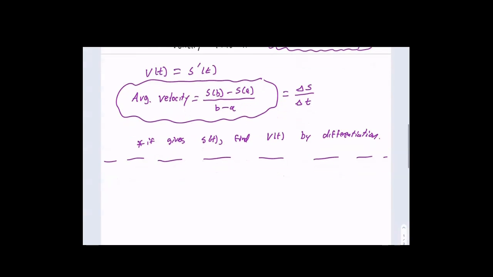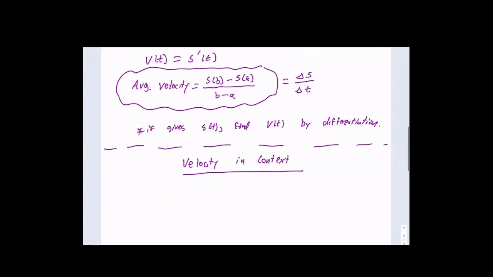Velocity in context. So you're going to be asked, mostly in tomorrow's, to explain in context, what does this mean? This is a very common AP exam question. Not only do you find something, but you explain what it means, or they tell you velocity is certain things.